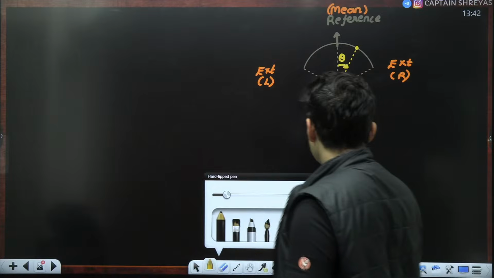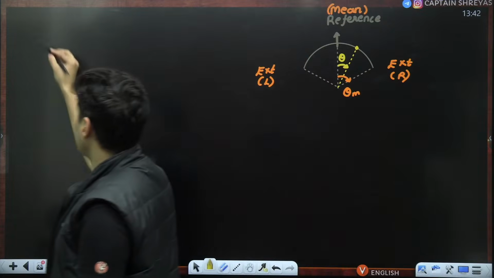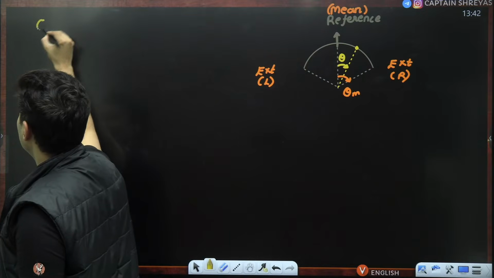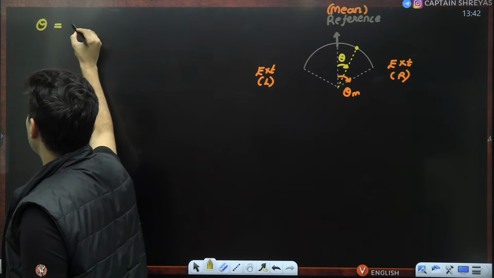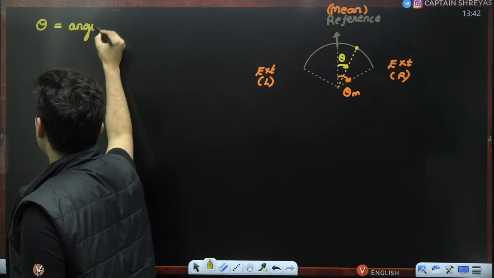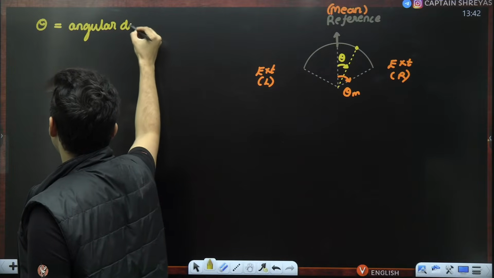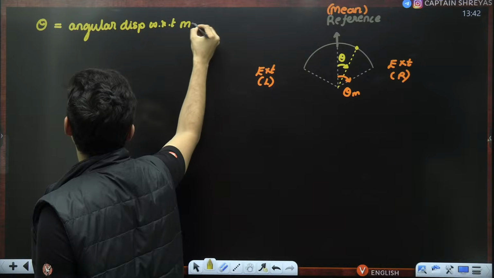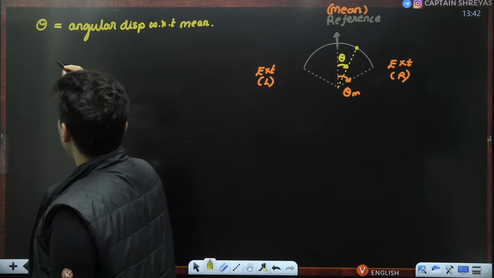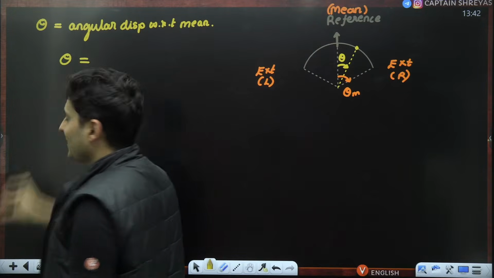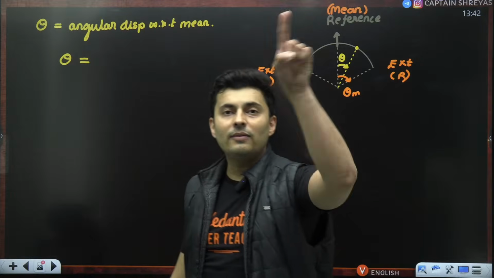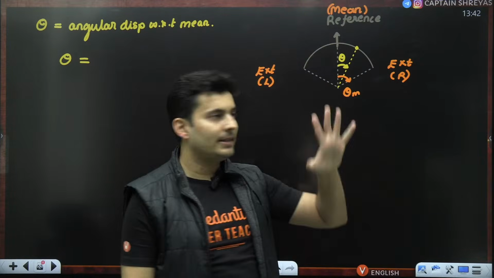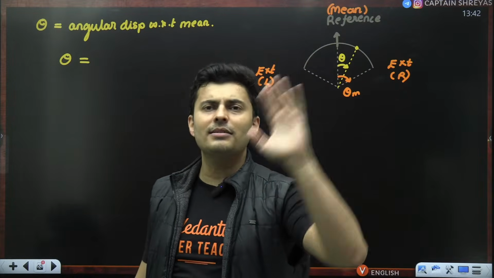Theta is at that instant angular position. So theta is not maximum. This is just angular displacement with respect to the mean position. Instead of x you have theta, instead of amplitude you have theta m. So equations are very similar.